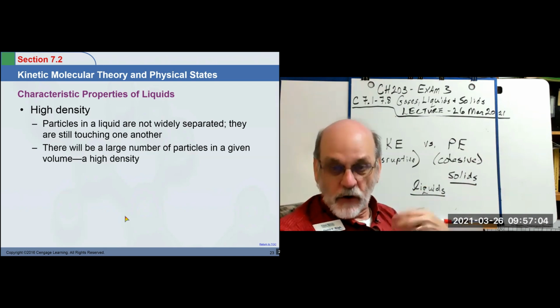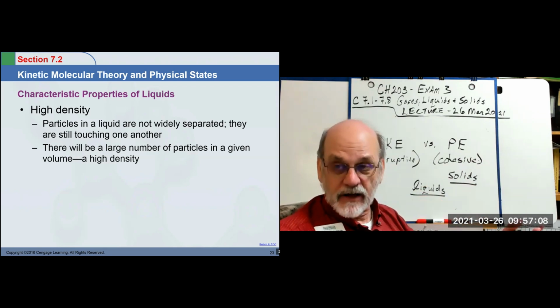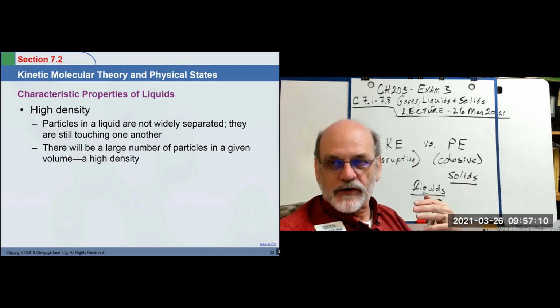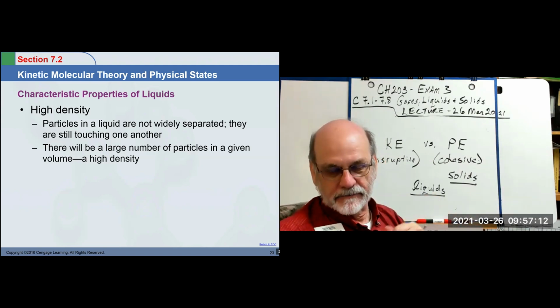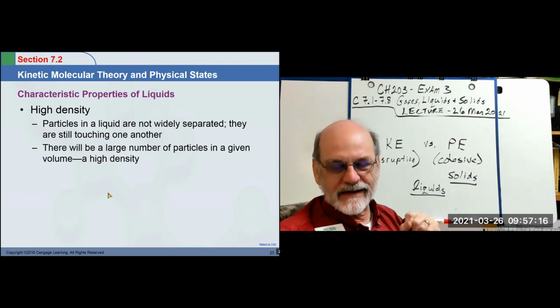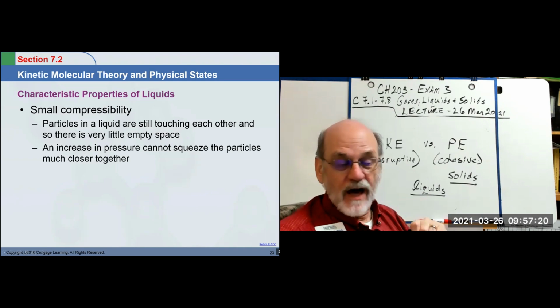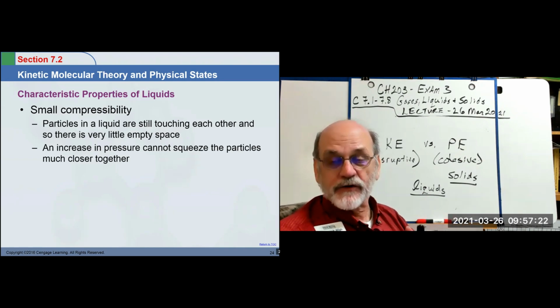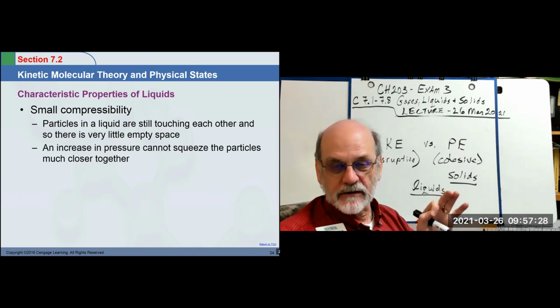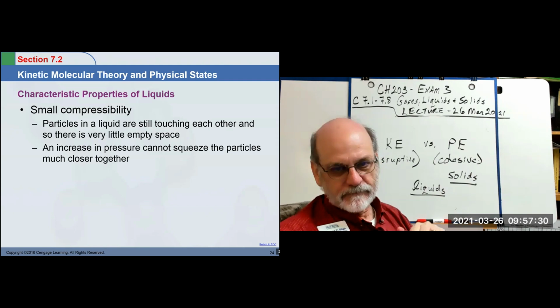In so doing, they cannot maintain their shape, but they're close enough to maintain their density. So they have relatively high density. And because there's not a whole lot of empty space, they're also limited in compressibility. They're a little bit more compressible than solids, but not much.